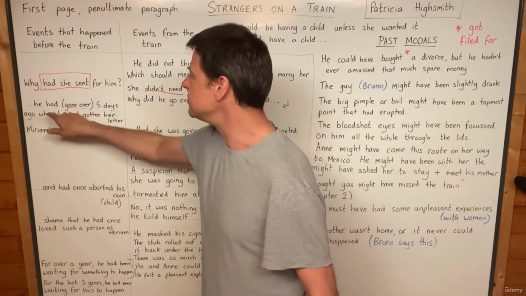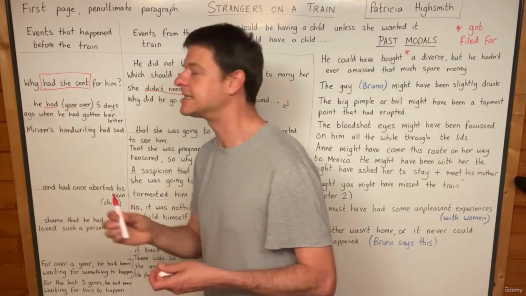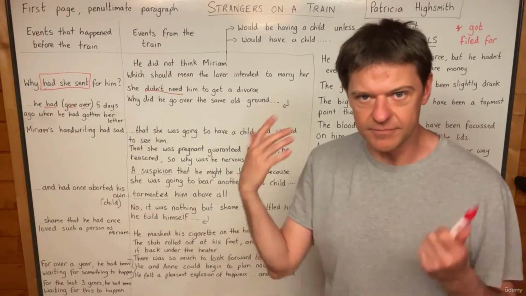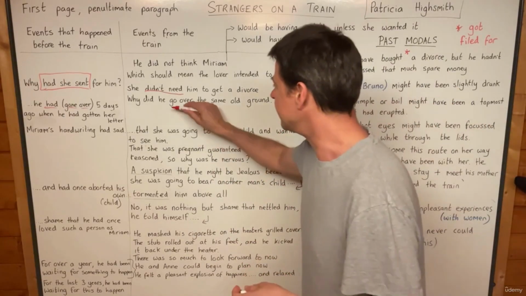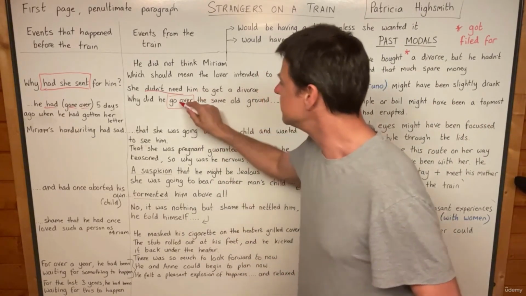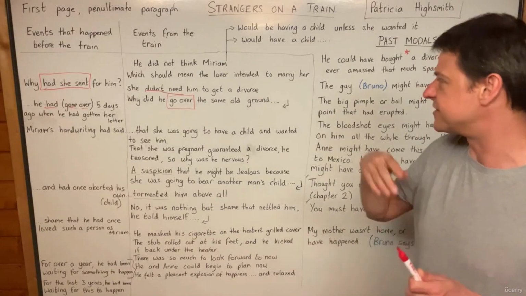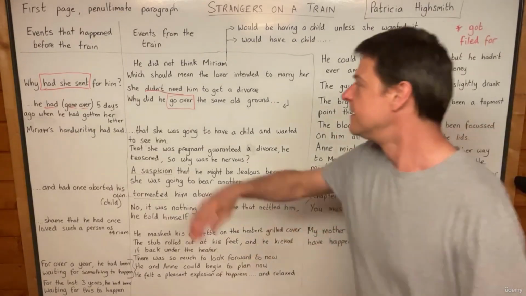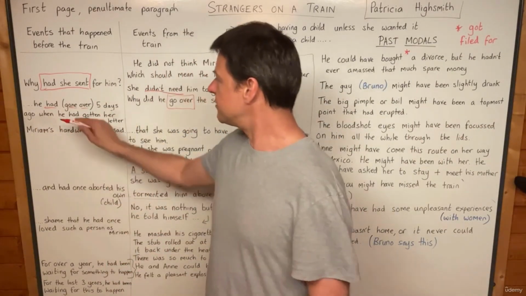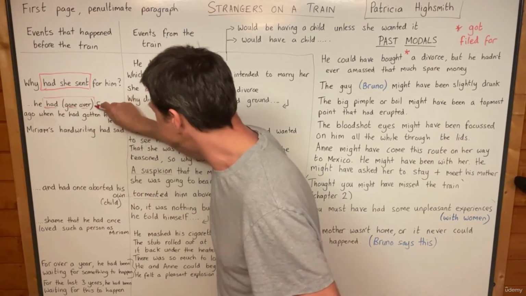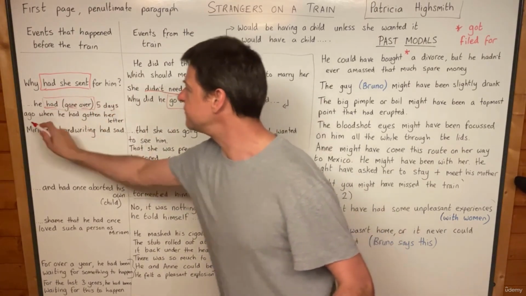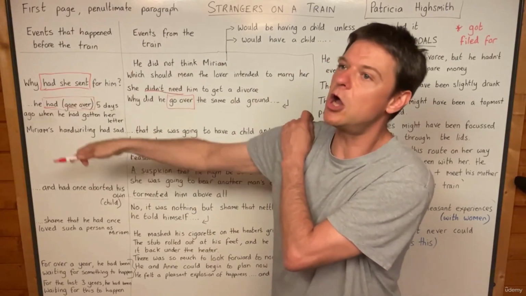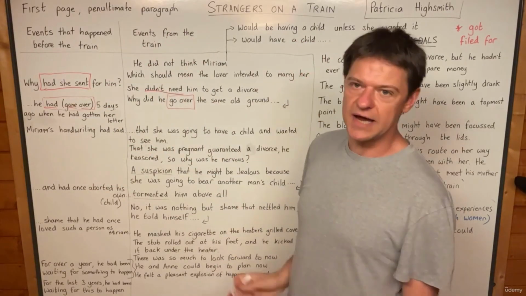But it's very clear, and you just use the auxiliary verb "had" and drop the main verb "gone over," and still everybody understands you mean "gone over," because "go over" is there. Now you can see why this must be past perfect, because of the 5 days ago. This is 5 days earlier than the events from the train.